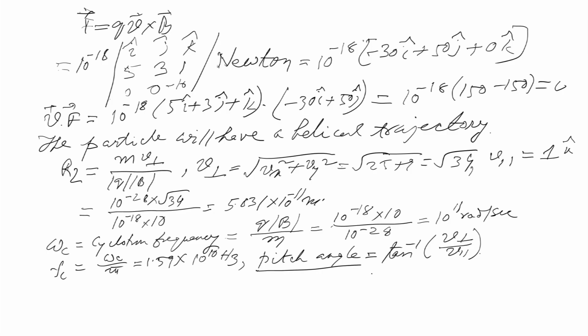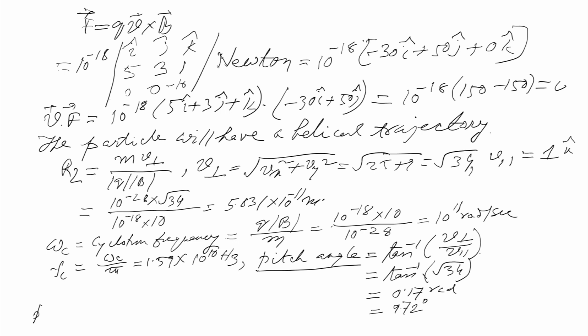So, you will get tan inverse of square root of 34, and if you find out its value, it will be something like 0.17 radian. You can now convert it into degrees. If you convert into degrees, it will be 9.7 degrees.